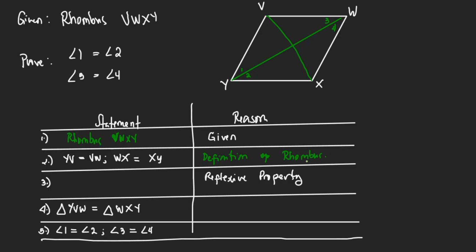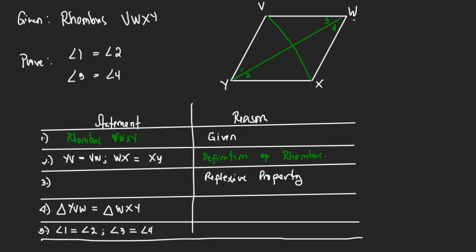Now, how about statement number 3? We already have the reason, which is the reflexive property. If you observe our diagram, what is the possible reflexive property there? That will be line WY.